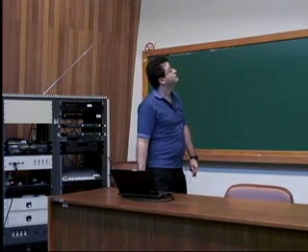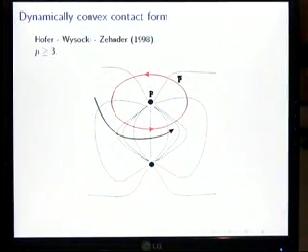And so we have, for any contact form with this hypothesis, this open book, this foliation. And each leaf is a global section for the flow.